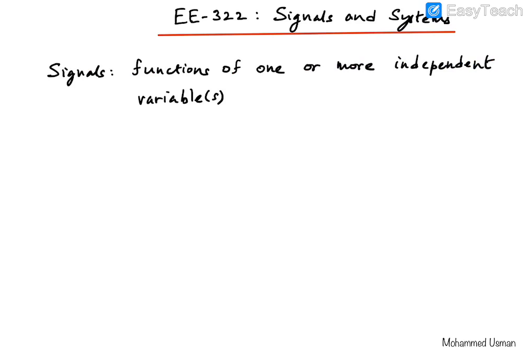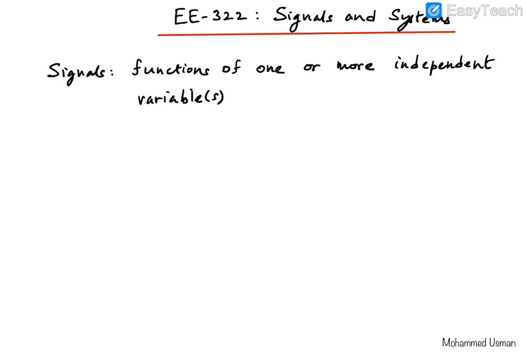So as I said, the definition of a signal is that it can be a function of one or more independent variables. Generally, the independent variable can be any variable, but in the context of this course, we would have time as our independent variable.